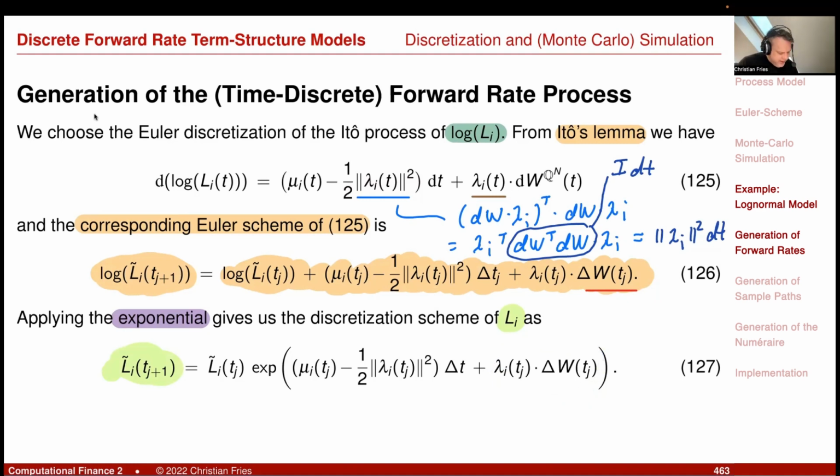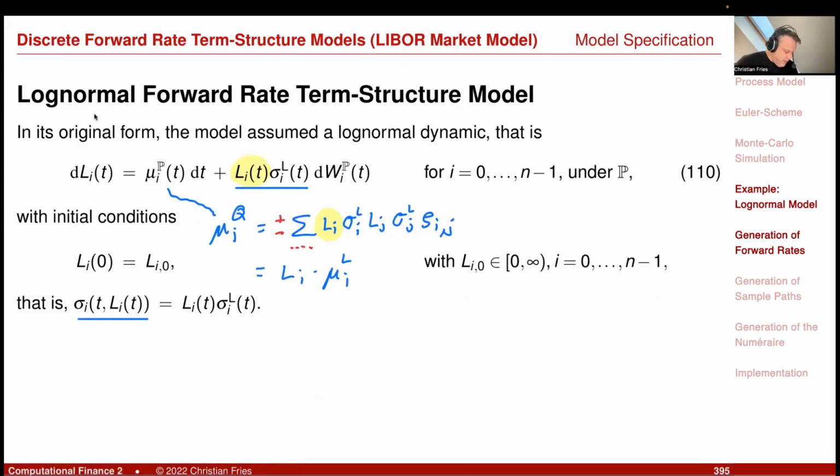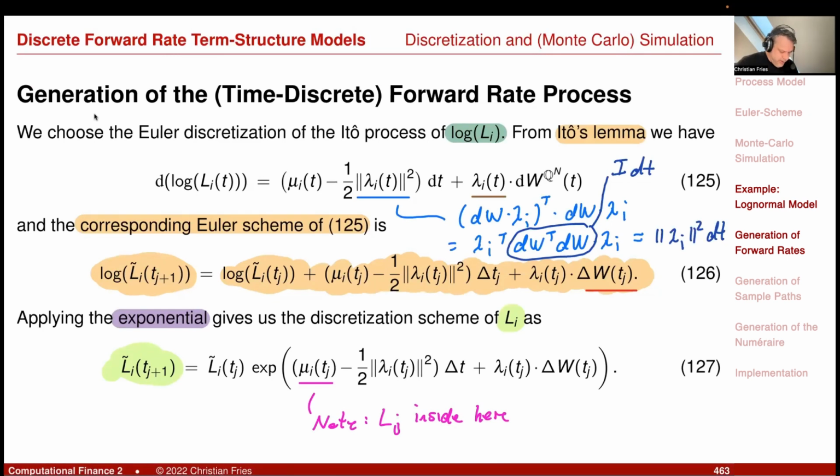This part here is also exact, but my mu was a complicated function of L. In the log normal case, there is still the L inside there. So the log normal drift, if you remove the Li, that was this part here. It still has the L inside.